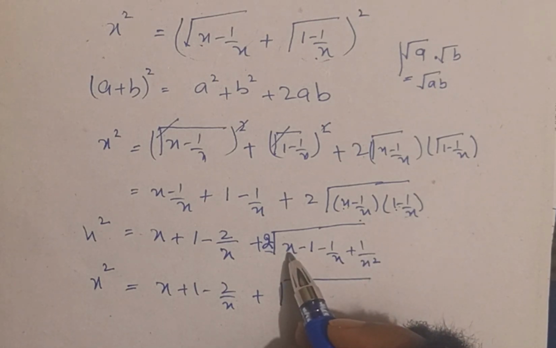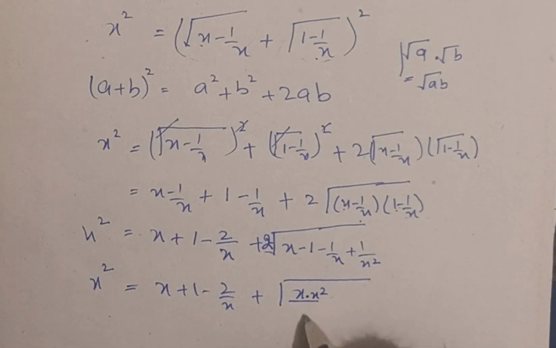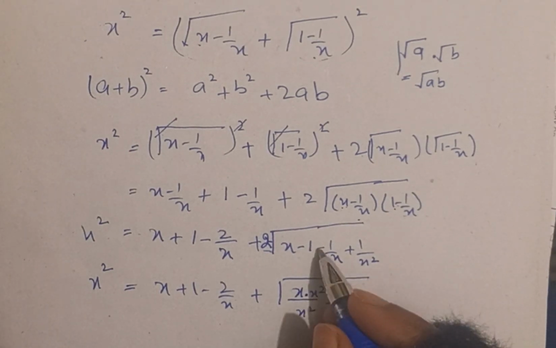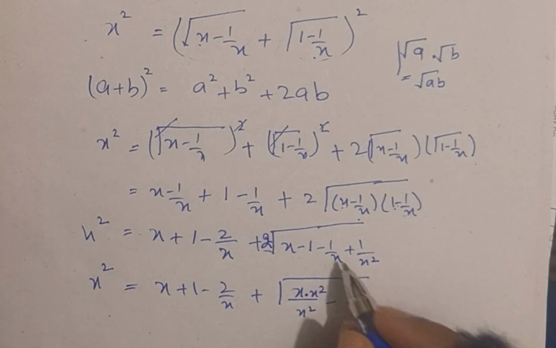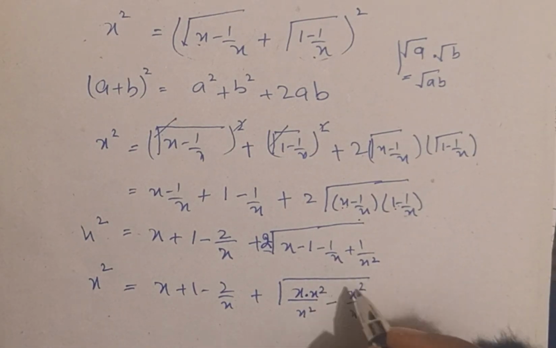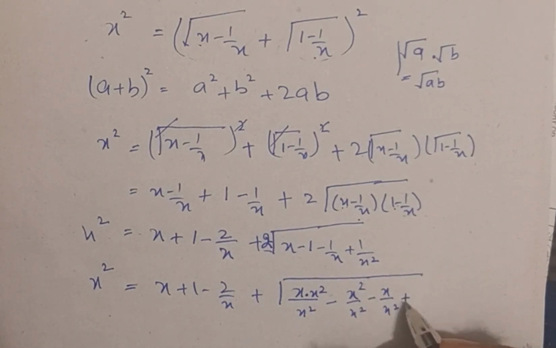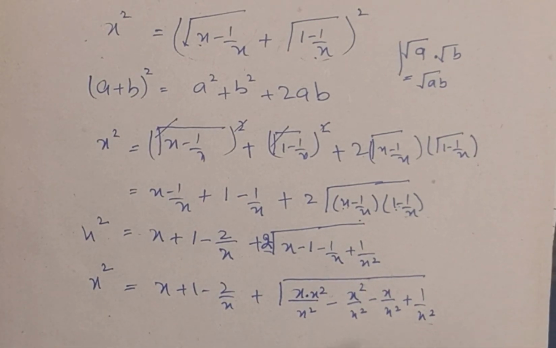For this we can write this x as x multiplied by x squared divided by x squared, minus this 1, so we can write this as x squared over x squared, and this minus 1 over x we can write as x over x squared, and this is 1 over x squared. Notice that all the denominators are the same.